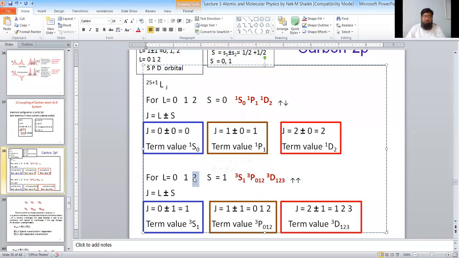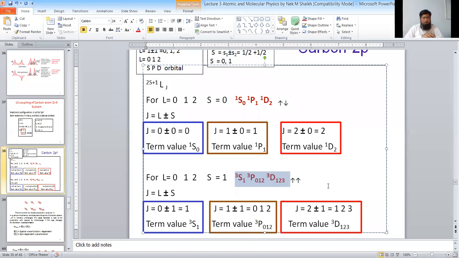Because L is equal to 2, it is a d orbital. S is equal to 1, so it is a triplet. And with L equal to 2, J is equal to 2 plus or minus 1, which is 1 and 3, so the series goes from 1 to 3. So 1, 2, 3. These are the three values of the multiplicity when the spins of both electrons are aligned in the same direction.